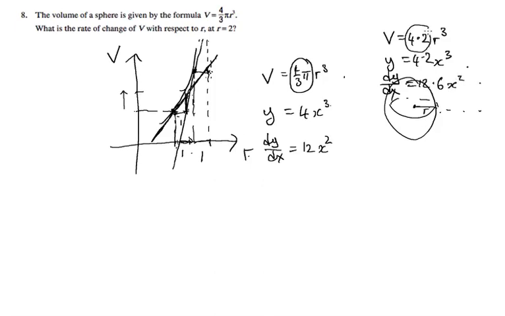So you're multiplying this number by the 3 and then taking 1 away from the 3. And instead of y, we have a v, instead of x, we have an r. So dy by dx would then be dv by dr, and we would proceed with 3 times this number, r squared. So let me just get rid of all this and proceed.